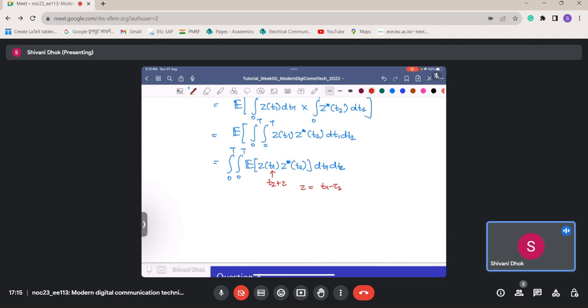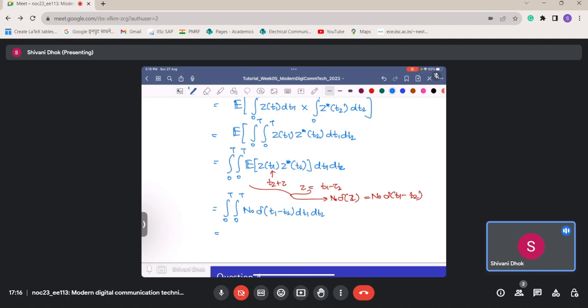So this quantity should be equal to N naught delta of tau, and since this tau is t1 minus t2, I can write it as N naught delta of t1 minus t2. So this is equal to the integral from 0 to t of N naught delta of t1 minus t2 dt1 dt2.